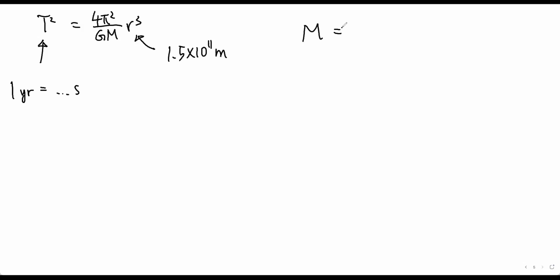So do we need to remember what G is? The big G is a constant given in a formula sheet, and also in your calculator. So the force changes depending on the period.